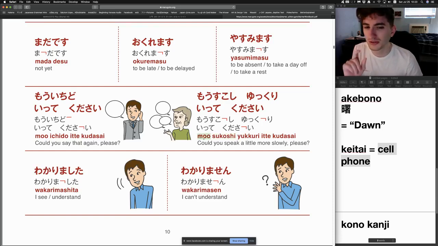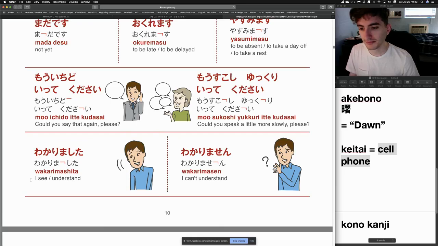A little more, what? ゆっくり means slowly. もう少しゆっくり言ってください. 言って, say it, ください, please. Please say it a little more slowly. Again, very useful phrase when you're going to Japan.